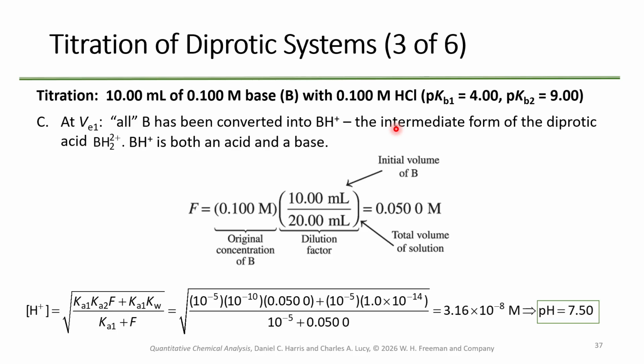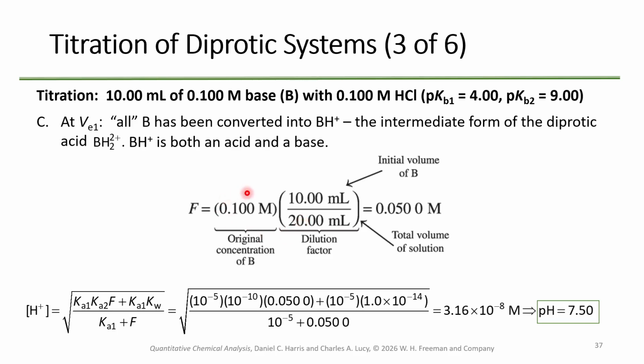So we have to work with the intermediate form, which means we have to work in this K1, K2 environment, don't we? Okay. So the first thing we need is a formal concentration, because everything requires formal concentrations in these problems. Okay. And so what would our formal concentration be at this point? At the VE1. Well, we had 10 milliliters that we started with, right? And now we've added 10 milliliters, haven't we?